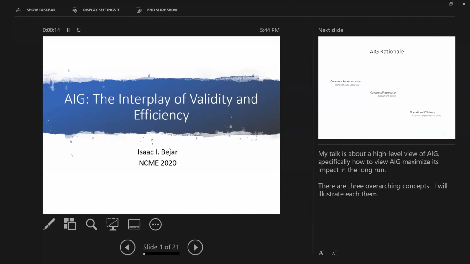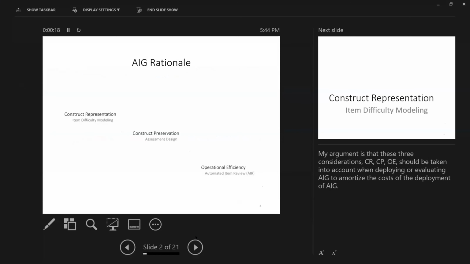I just want to say very few things here. Especially now that there are so many AIG projects going around, I want to talk about 3 criteria that we should be keeping in mind as these projects evolve. One is the idea of construct representation, which I will briefly illustrate with difficulty modeling.